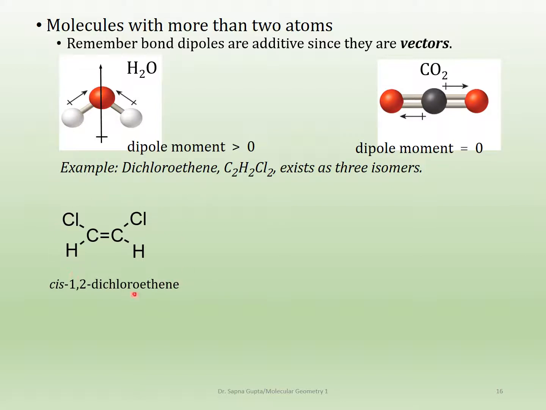So here is one type of arrangement where you have carbon and carbon attached with a double bond, and then you have the two Cls going on around here. So the two Cls are on each of the carbons. So this is a pretty symmetrical molecule if you look at it like this. However, this molecule has a little bit of charge distribution because chlorine is more electronegative.